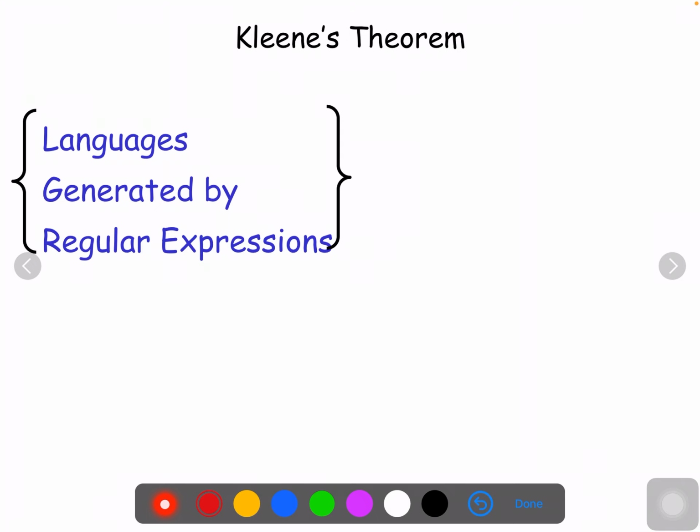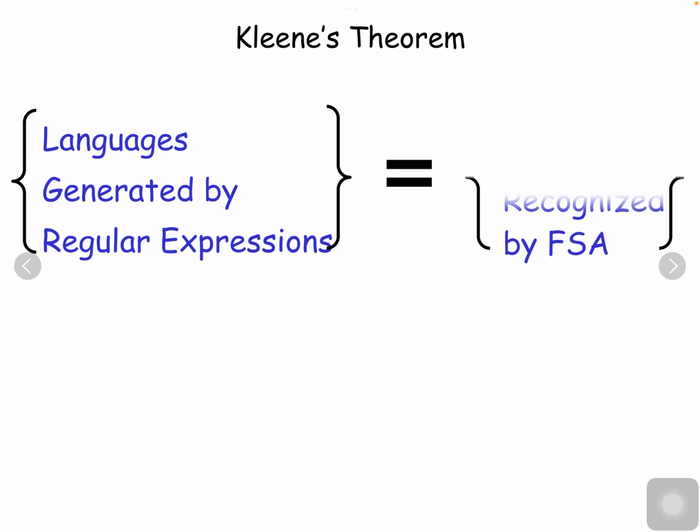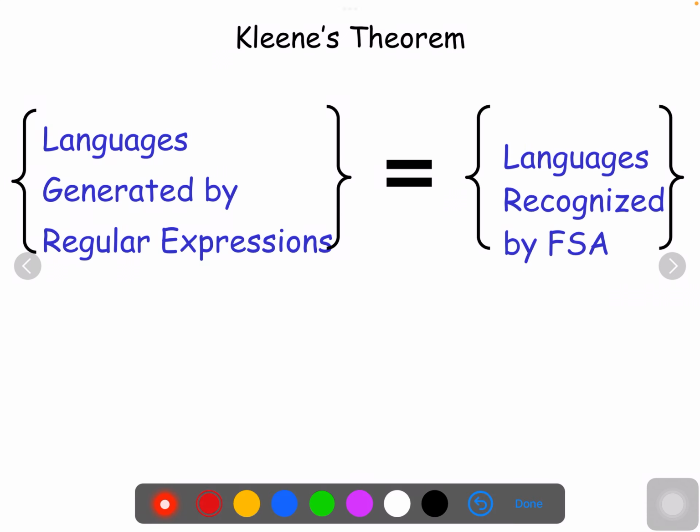I have given some assumptions, and we'll see how to do that. The statement will be like this. The language generated by a regular expression is a subset of the language recognized by a finite state machine. Whatever language is generated by a regular expression is also recognized by a finite state machine.